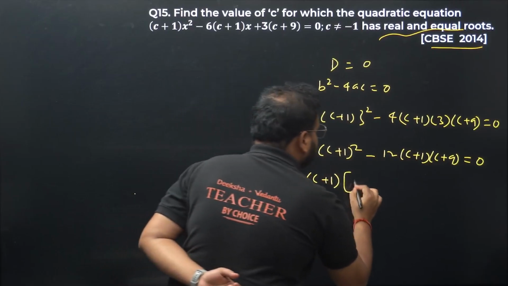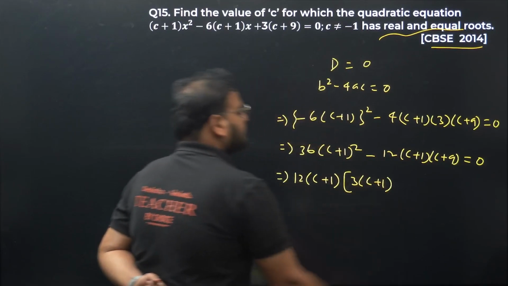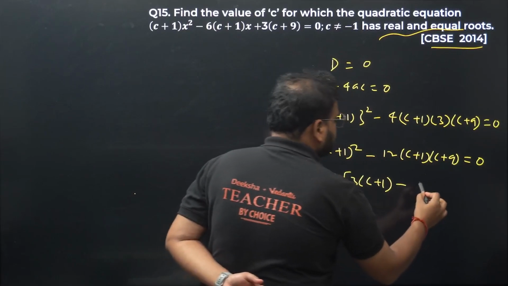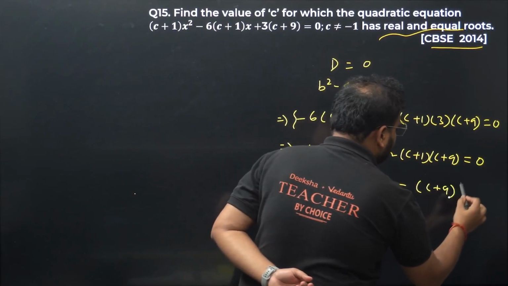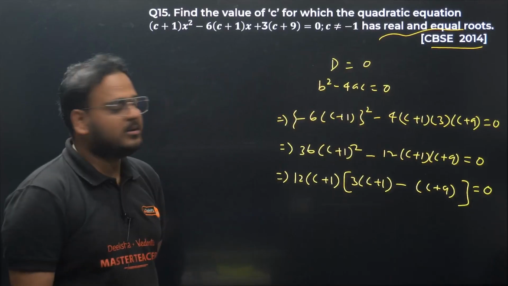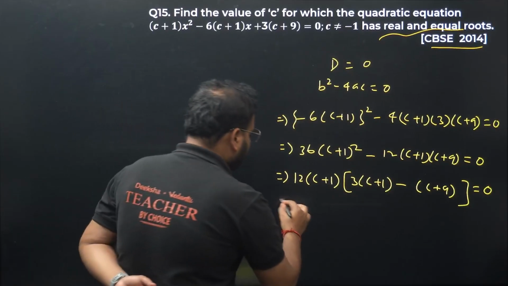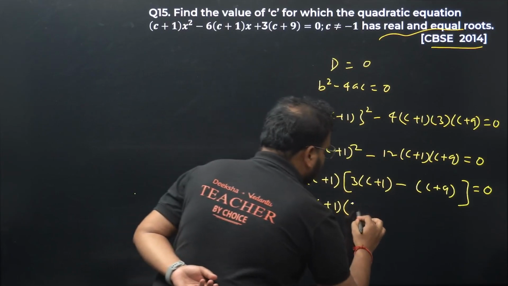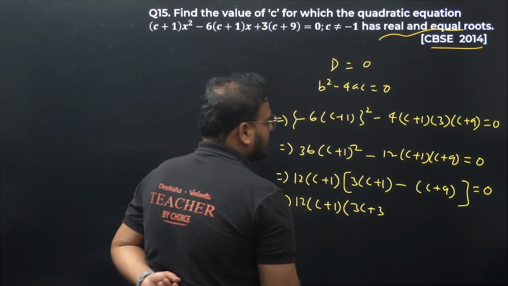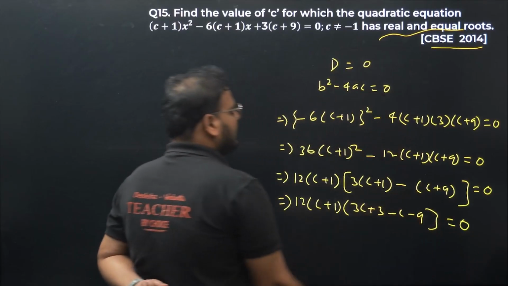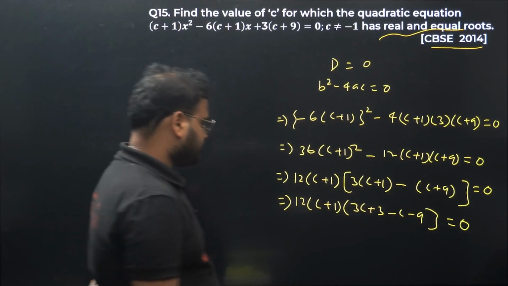In this we have 3 times c plus 1 minus simply c plus 9 equals 0. Correct? I've taken 12 common, c plus 1 common. So I'm getting 12 times c plus 1, 3c plus 3 minus c minus 9 equal to 0. Minus c minus 9, okay?